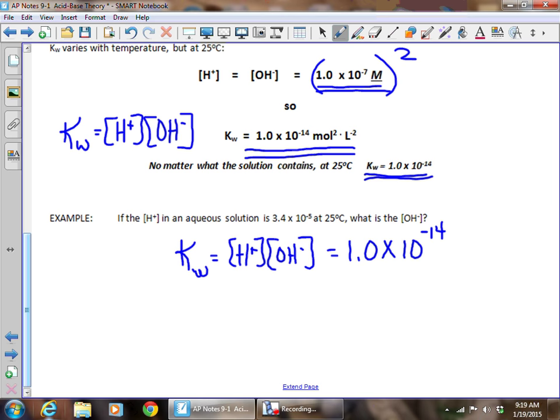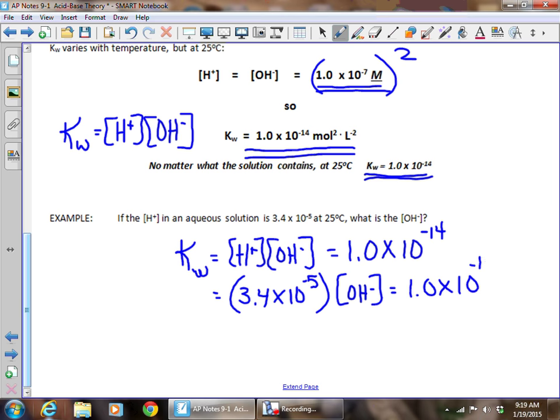Then in this case, since the hydrogen ion concentration is 3.4 times 10 to the minus 5th, we're looking for the hydroxide ion concentration. We've just got a nice little equation if we remember that number. Now, you've got to memorize that number. We're going to use it all the time, 1.0 times 10 to the minus 14th.